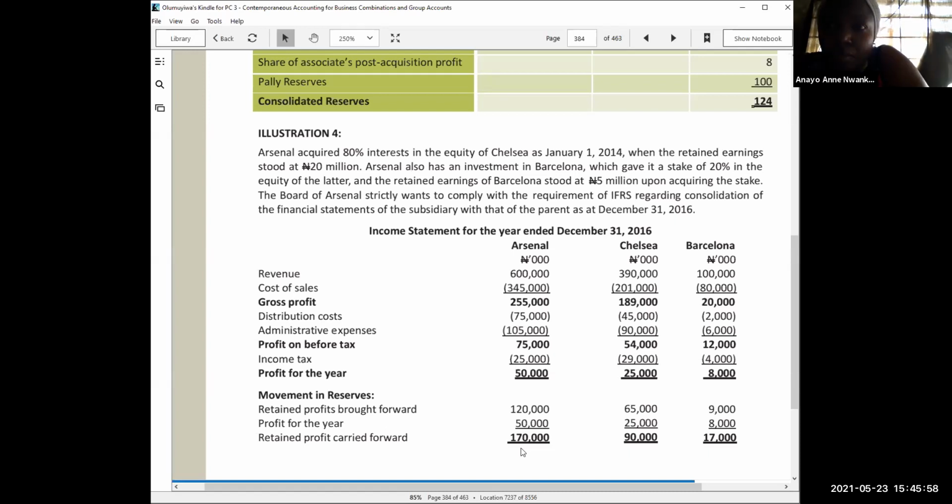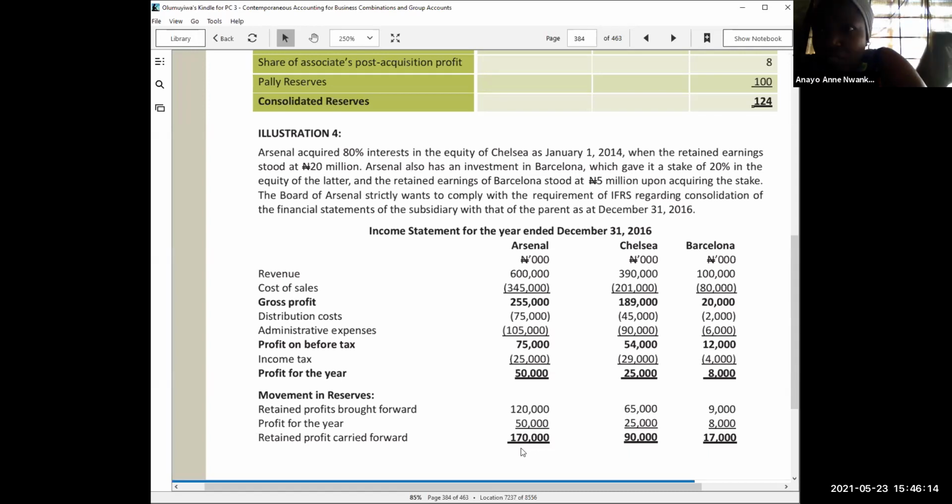The board of Arsenal strictly wants to comply with the requirements of IFRS regarding consolidation of the financial statements of the subsidiary with that of the parent as at December 31, 2016.